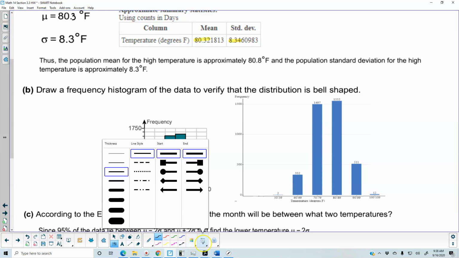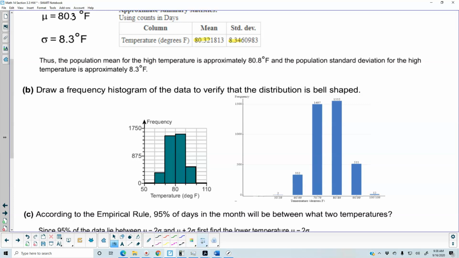When we look at this graph that we generated through StatCrunch, it's forming a bell-shaped distribution, and it matches what we have over here. So when we're creating a frequency histogram from a distribution, meaning that we already have the summary, then we have to use the bar plot option in StatCrunch to be able to do that.